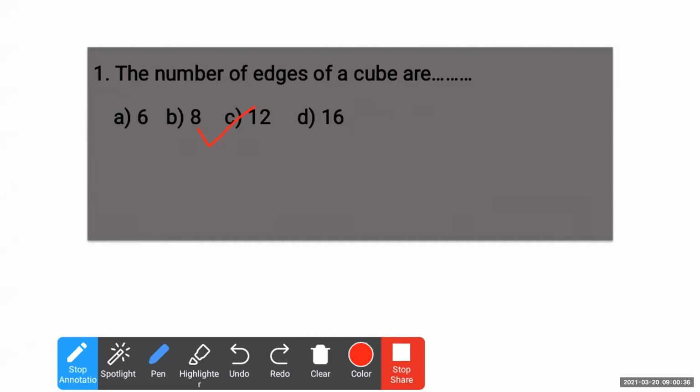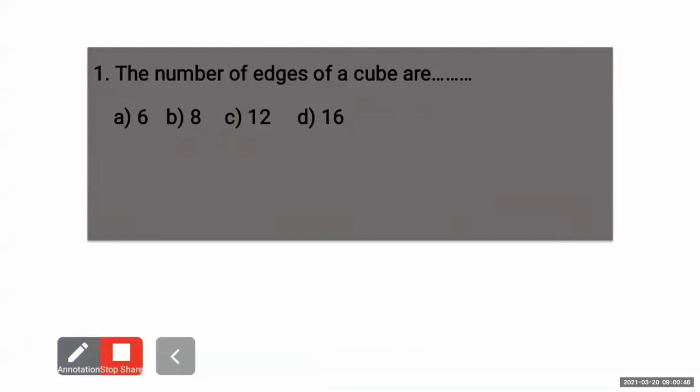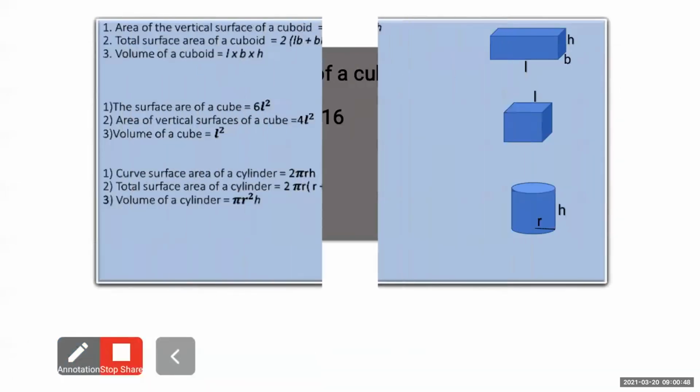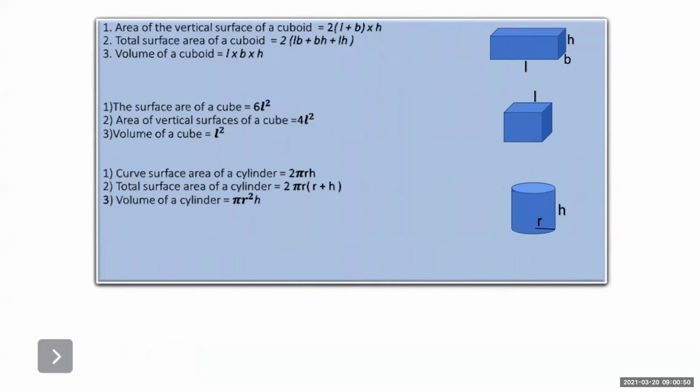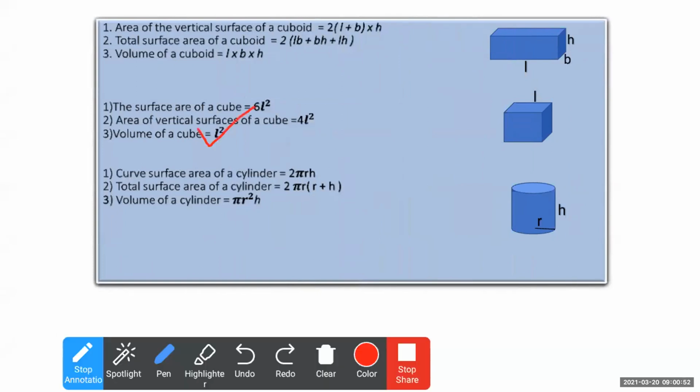Okay, all of you know, if you are taking a geometry compass box right now, so I will show you. Okay, now here see, this is a cube. Now, when I talk about the edges, you have to just see the lines.